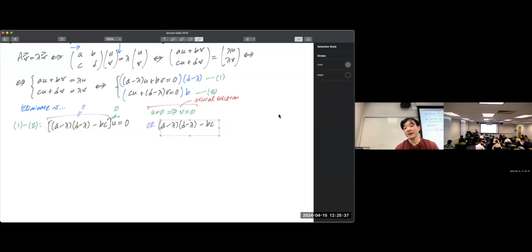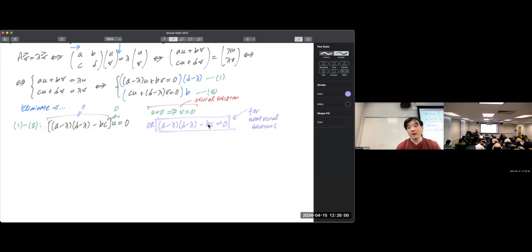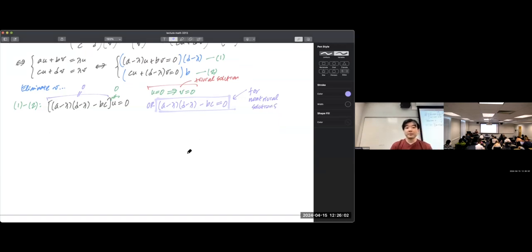And this equaling 0 will actually give you your non-trivial solutions. So I'll just say this condition will give you your non-trivial solutions. Okay, so that's basically it. So we're going to have to find lambda.